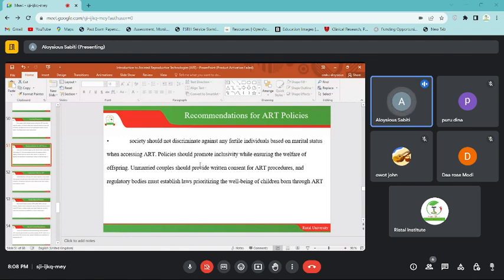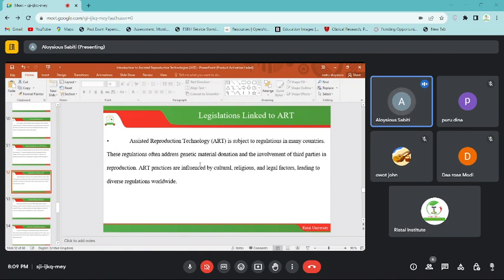Unmarried couples should provide written consent for ART procedures, and regulatory bodies must establish laws prioritizing the well-being of children born through ART. So here we're looking at the psychological aspects and child development, and we're looking at welfare at a communal level of families that are practicing ART. These are some of the recommendations we're giving so that these can help.